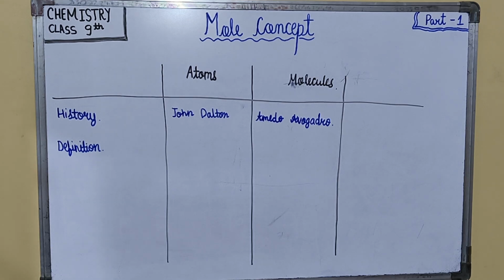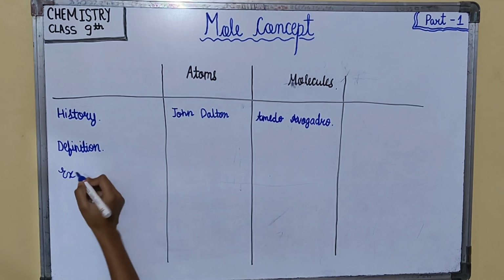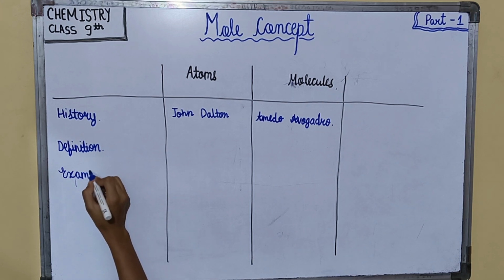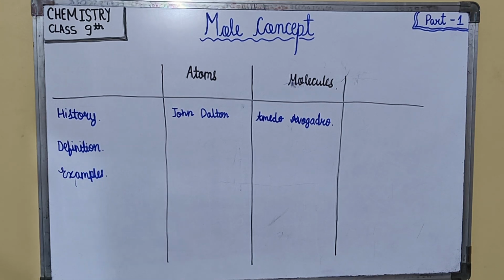And the definition of molecule is: the smallest particle of an element or a compound that can exist independently is called a molecule. Examples of them are: an example of atom is pure copper, which is composed of only one type of atom, that is copper atoms.